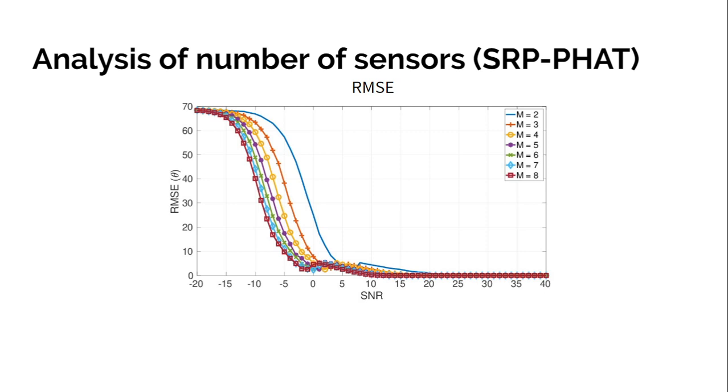gets relocated to the left more and more. So we can see that the improvement of behavior is quite visible the more sensors we get. When the number of sensors is closer to 6, 7, or 8, this actually gets a maximum likelihood-like performance. That's really great.